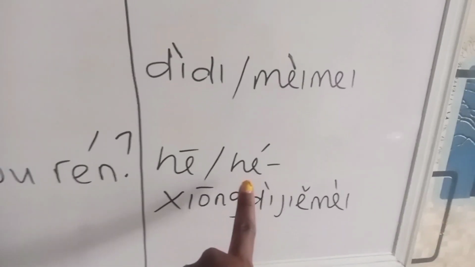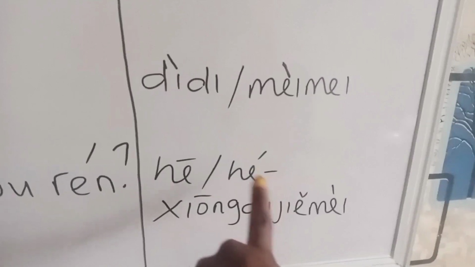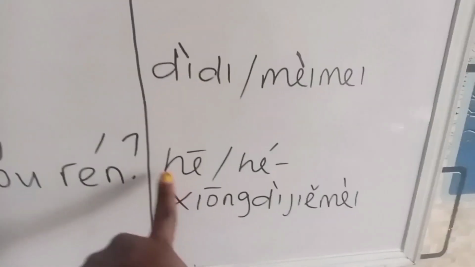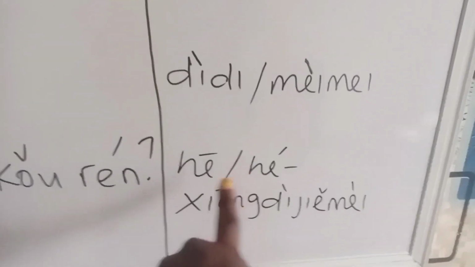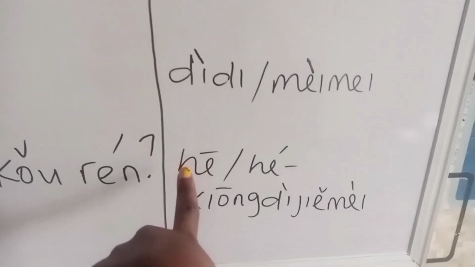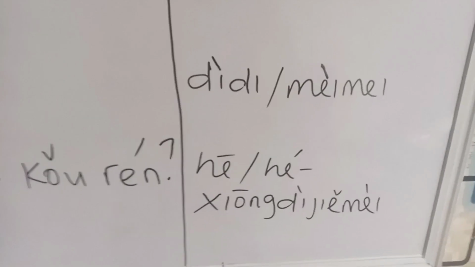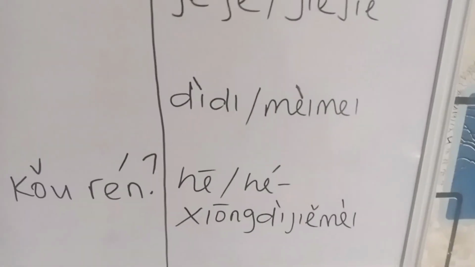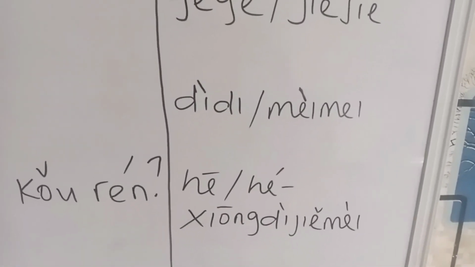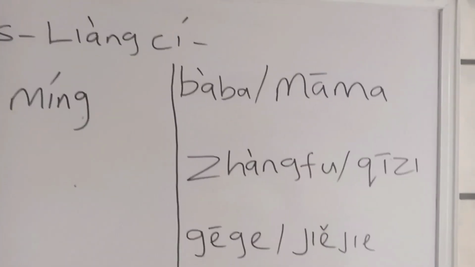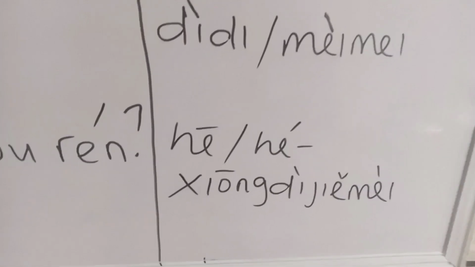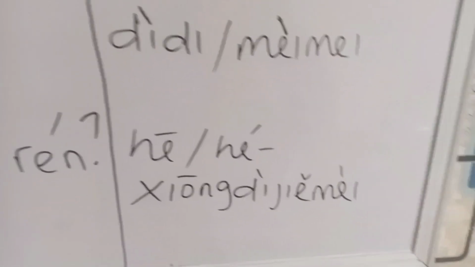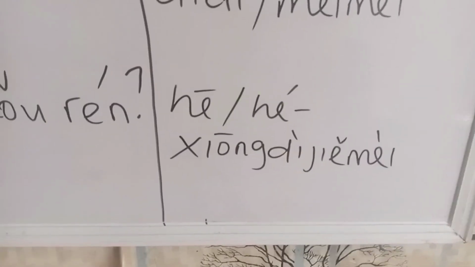This is the one you should use. And me, this is and. If you use this one, you are saying drink. This means drink. 喝咖啡 means drink coffee. 我想喝咖啡, I want to drink coffee. 我想喝茶, I want to drink tea. Imagine you saying my father, my mother, my elder brother, my elder sister, drink me, instead of and me. You see how important it is for you to master how to say these two.